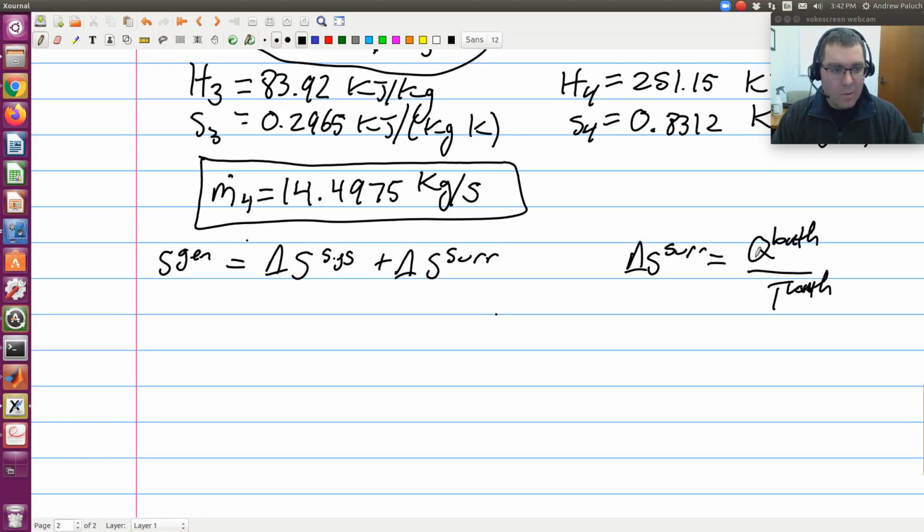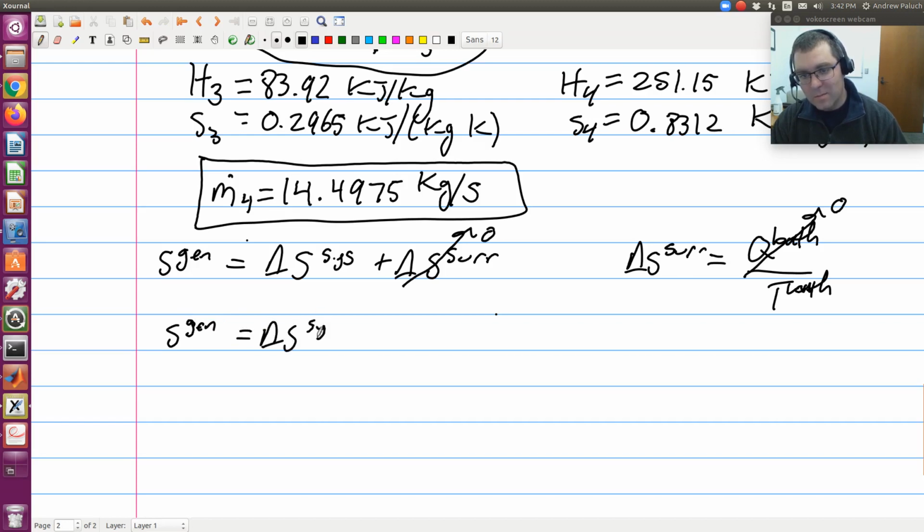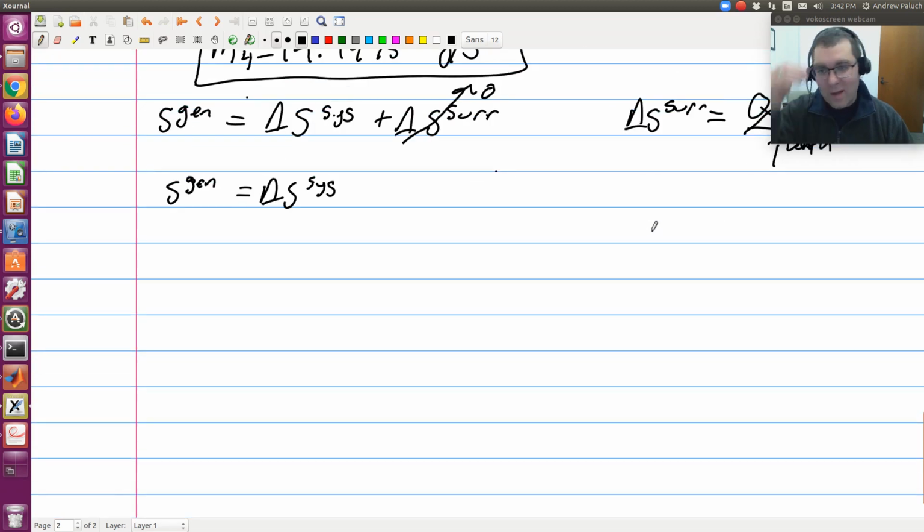But we're told that no heat leaves our system, so delta S of surroundings is going to be equal to 0. So we're going to be left with Sgen equal to delta S of my system. Now what I need to do is write this in the context of my open system problem here.